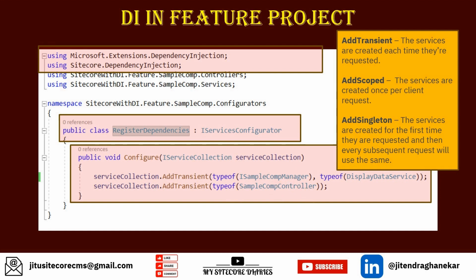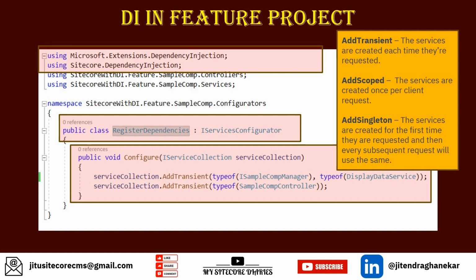There are some external DLLs which we are not discussing here, but if you are using those, they will help you to register all your controllers in one go. If you see in this example, we are only registering the SampleCompController. For simple understanding I have used only what is inbuilt in Sitecore.